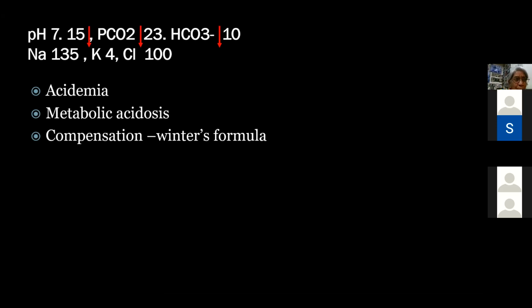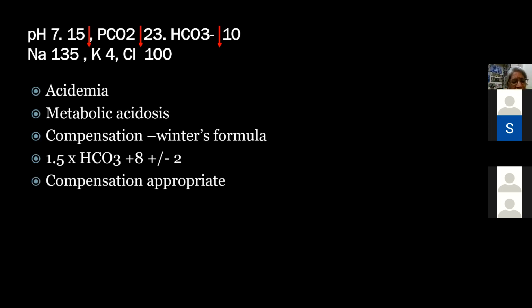So a little more, which you sometimes find when the process is a little chronic, that there is a little more washout than you would expect. So this is the formula we apply. So compensation is a little more maybe. So there is a respiratory alkalosis as well in this, a mild respiratory alkalosis.